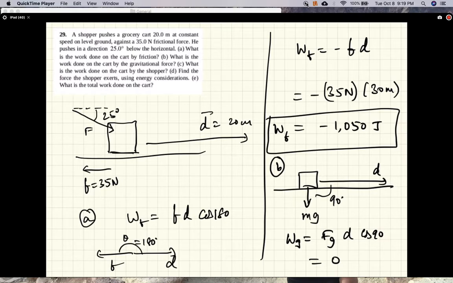What is the work done on the cart by the shopper? So we found the work done. Now we'll need to find the force the shopper exerts using energy considerations. And what is the total work done on the cart?